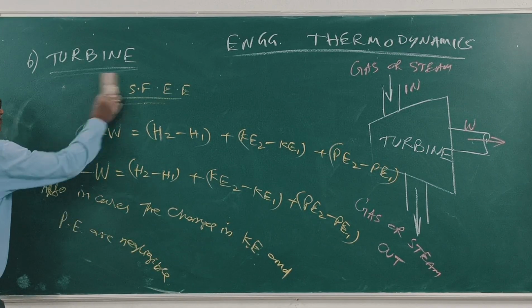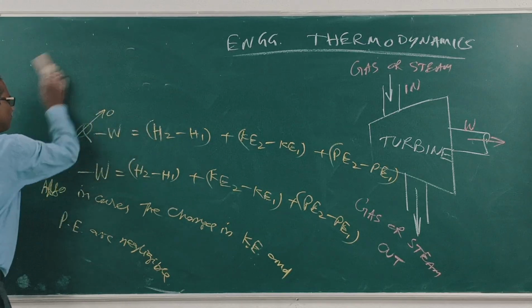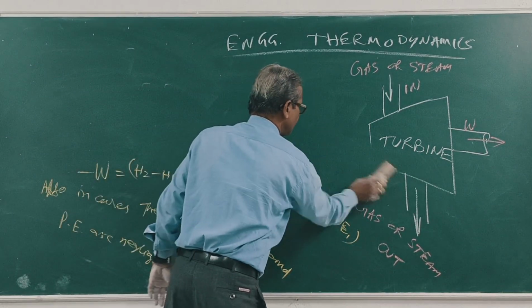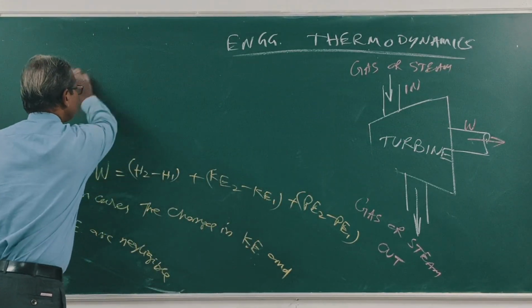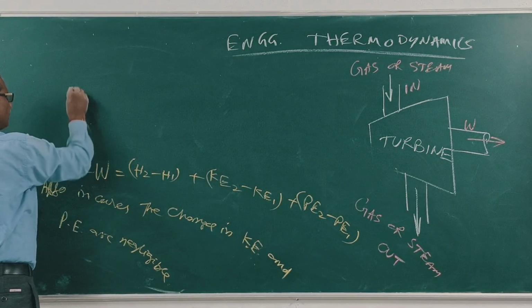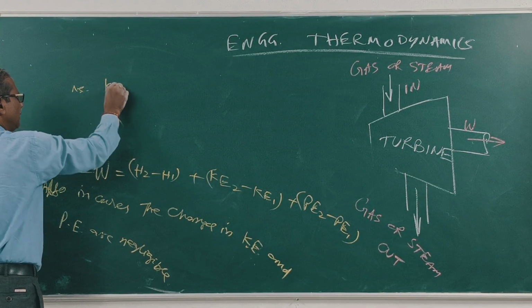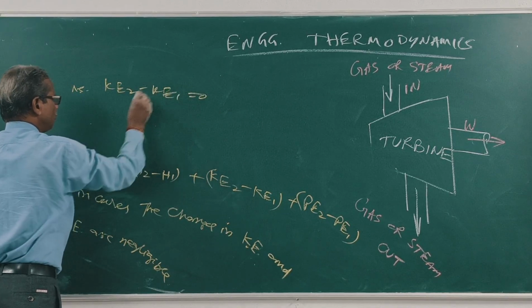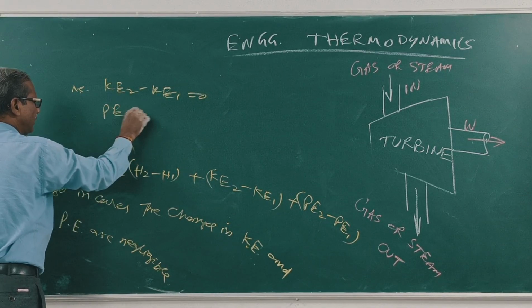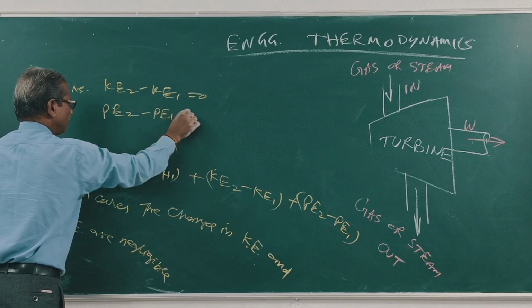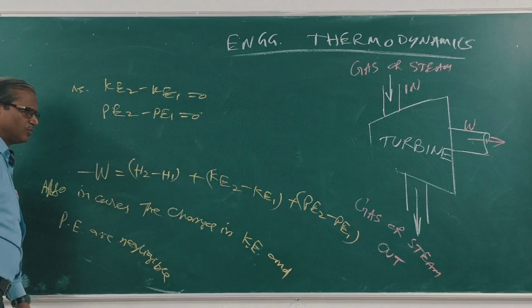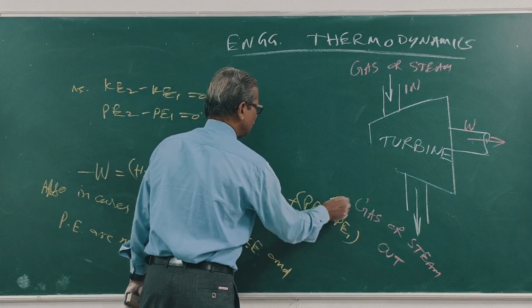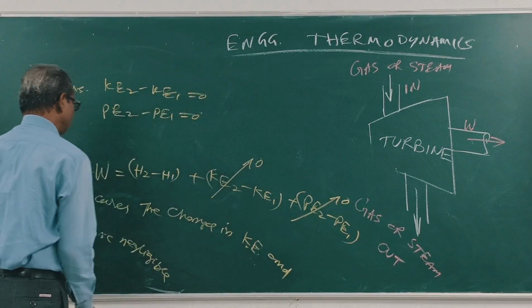Clear? That is K2 minus K1 is 0, P2 minus P1 is equal to 0.